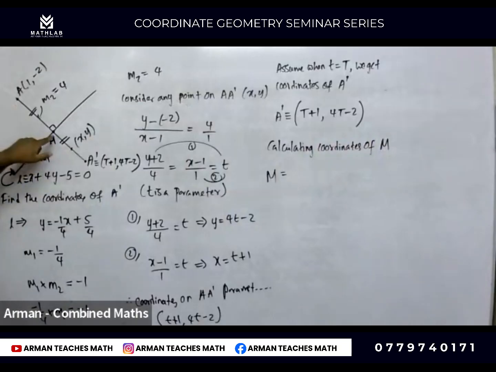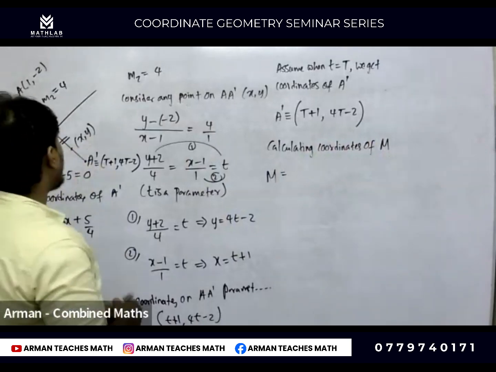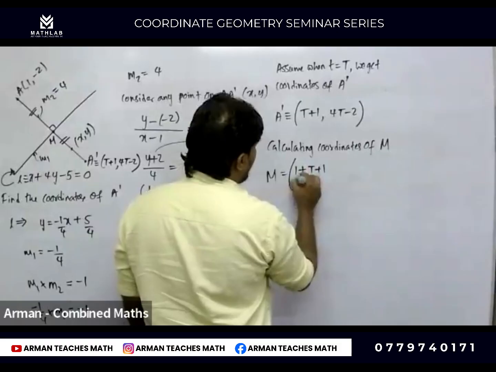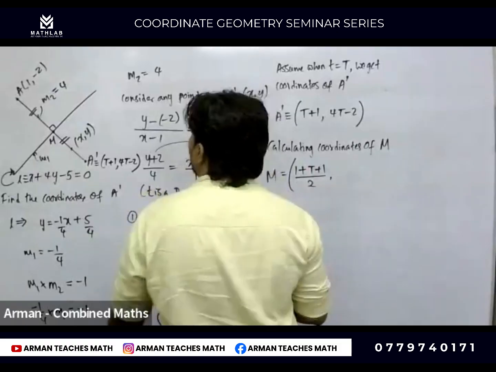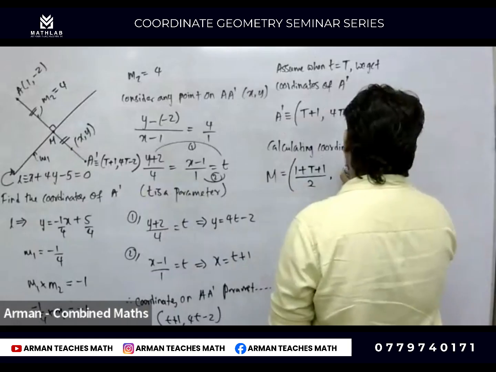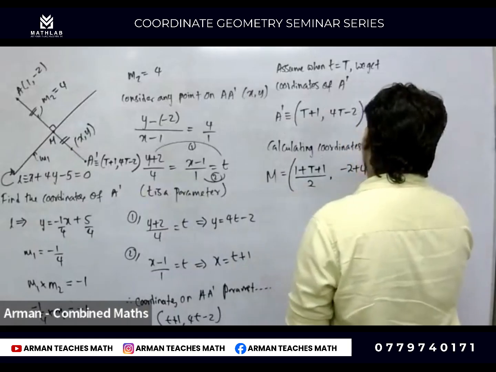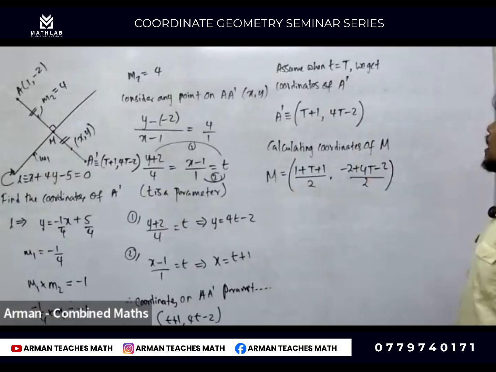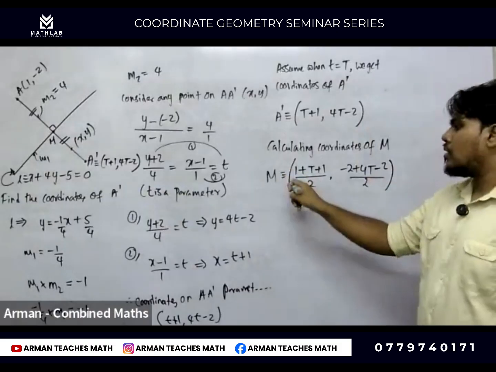Now how to take the coordinates of a midpoint? Add the x coordinates and divide by 2: (1 + T + 1)/2 comma (-2 + 4T - 2)/2. This one gives you the M point's coordinates.